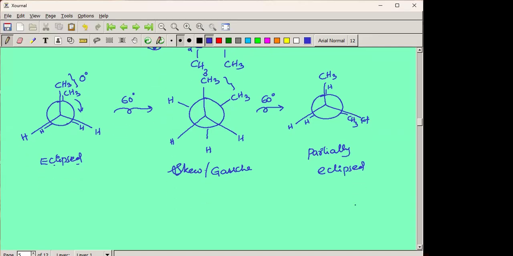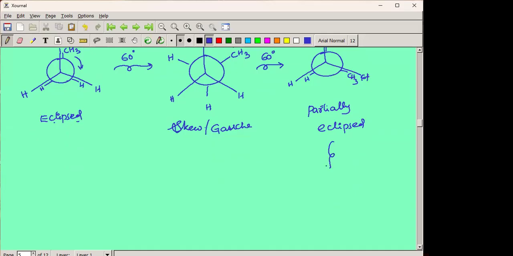If you rotate this one by 60 degrees, then how much is the angle of separation? Comparing eclipsed and partially eclipsed, the angle of separation is 120 degrees. Here eclipsed, and now 60, 60, 60. How much? 180 degrees of separation. The two reference atoms or groups are in opposite directions. So this is called staggered. This one is considered as staggered form.